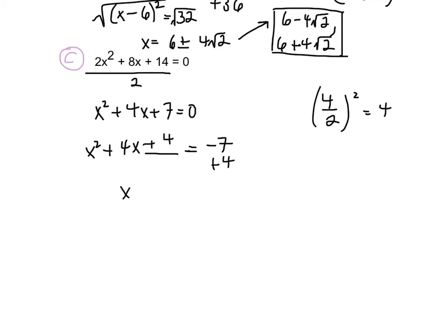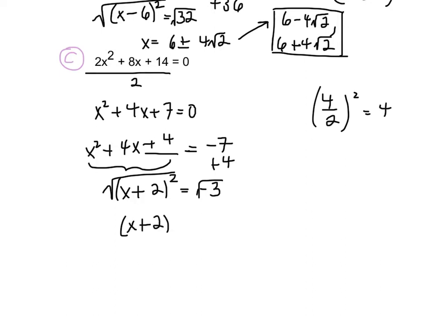So this whole value here is the same thing as (x plus 2) squared. Negative 7 plus 4 is negative 3. Then we're going to take the square root of both sides. So we have x plus 2 equals plus or minus the square root of negative 3, so x equals negative 2 plus or minus the square root of negative 3.